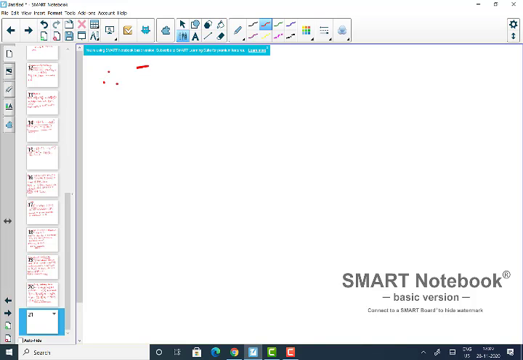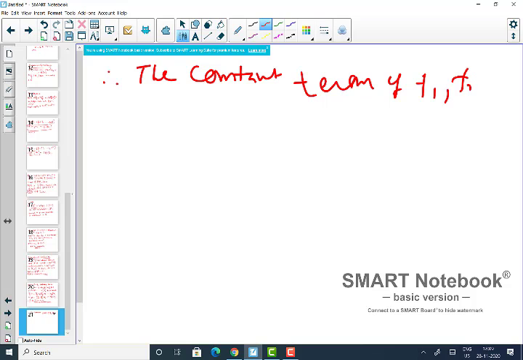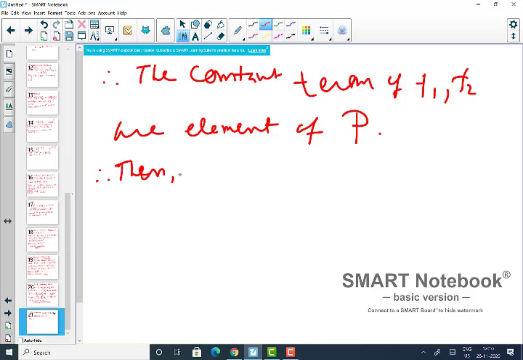Thus the constant terms of f1 and f2 are elements of P, the ideal P. And if you take the product of these two constant terms, that will become the constant term of f.